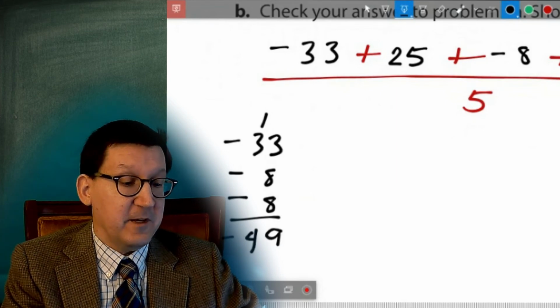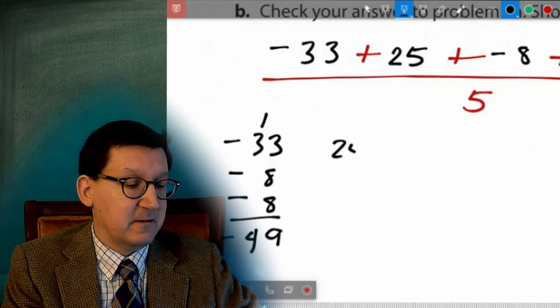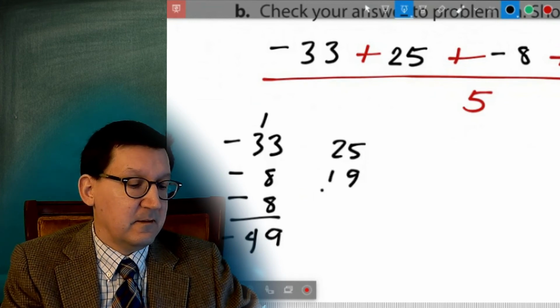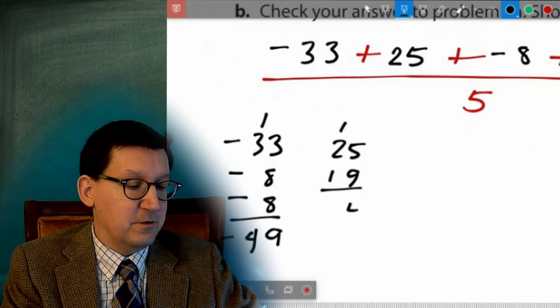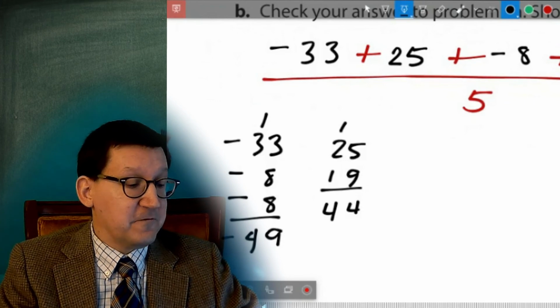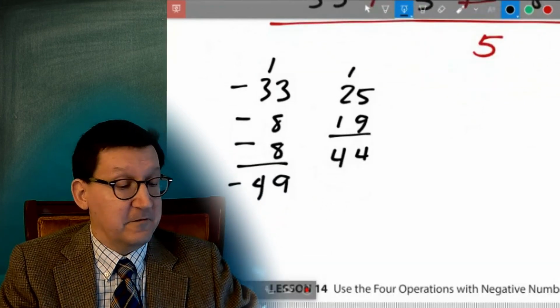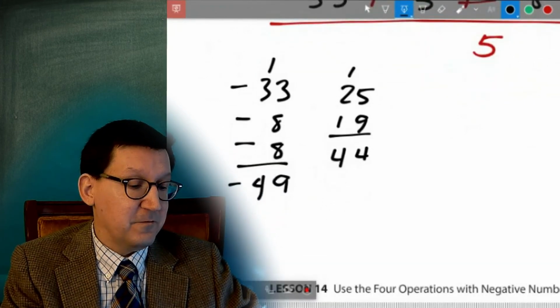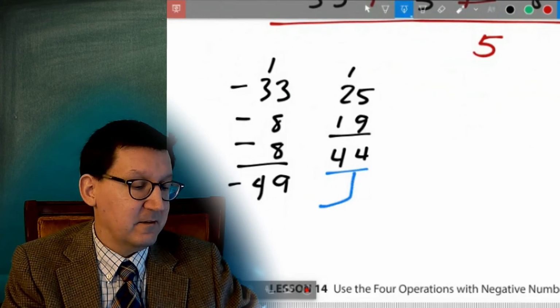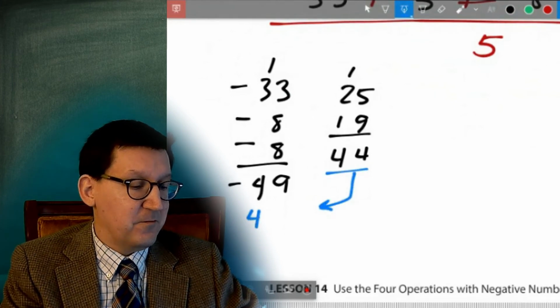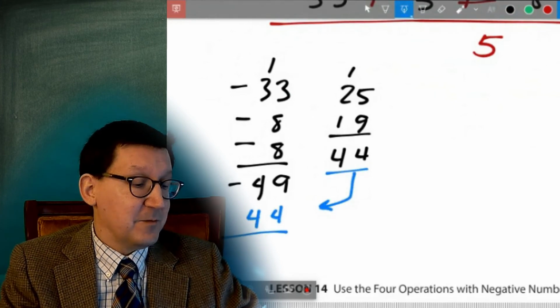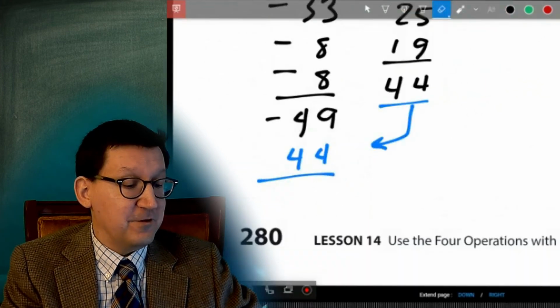On our positives, we have 25 and 19. 9 and 5 is 14, and 2 and 2 is 4. So that's negative 49 and 44. We'll do the same thing as before. We'll pull the 44 down here, since 49 has the largest absolute value. Subtracting gives you negative 5.